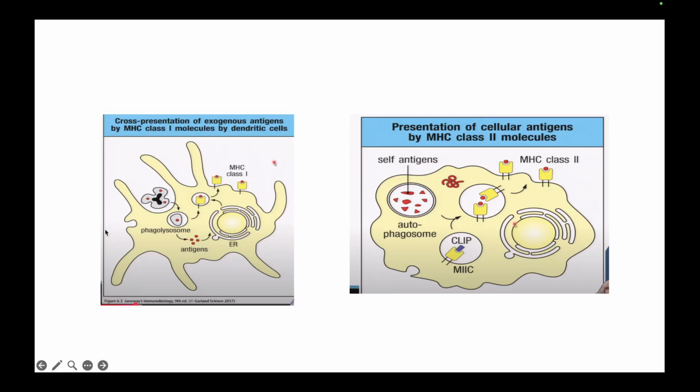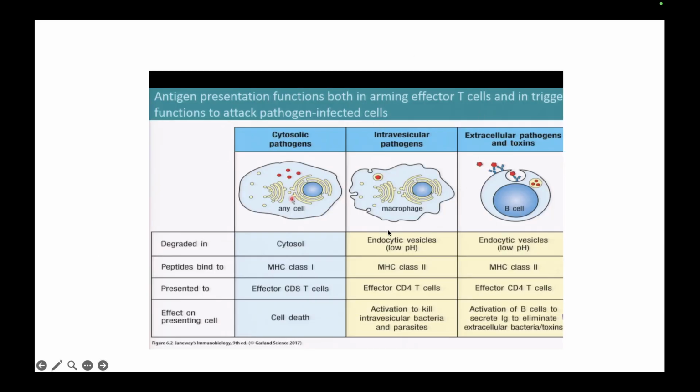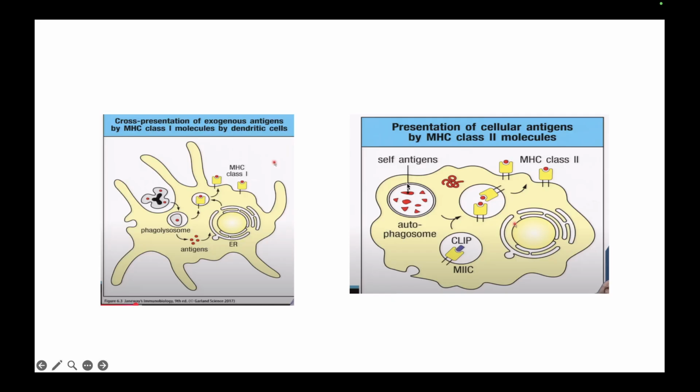Okay, so here are MHC class 1 and MHC class 2 molecules. MHC class 2 presents the extracellular antigen.